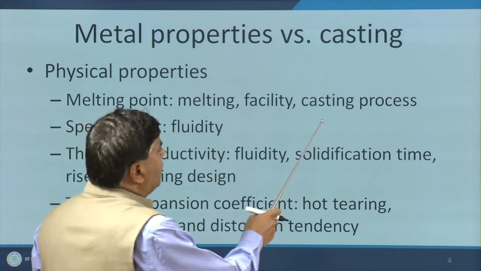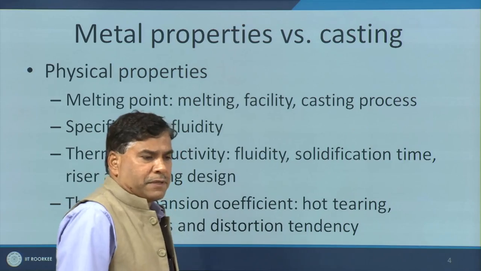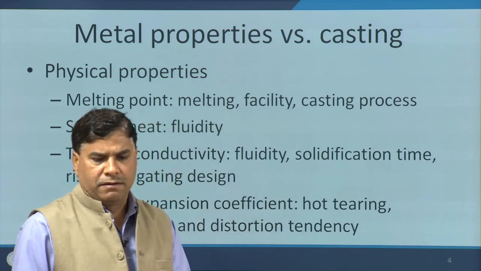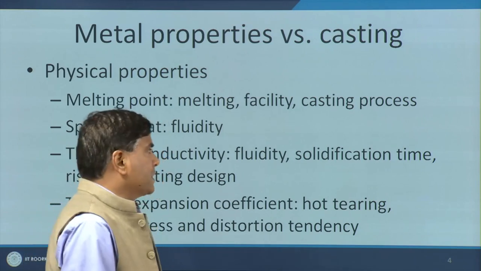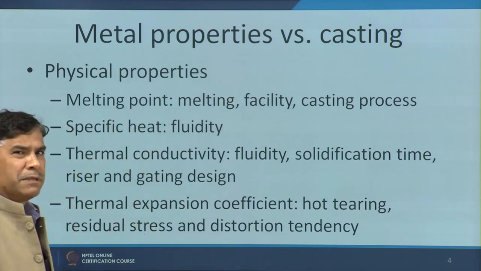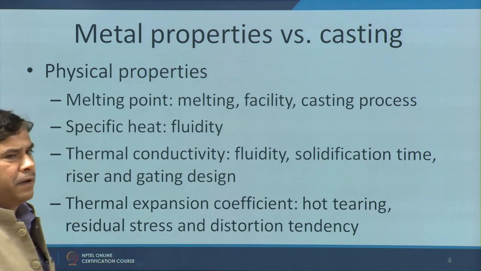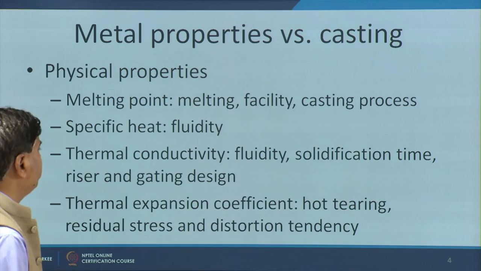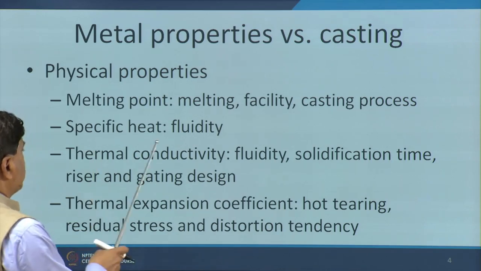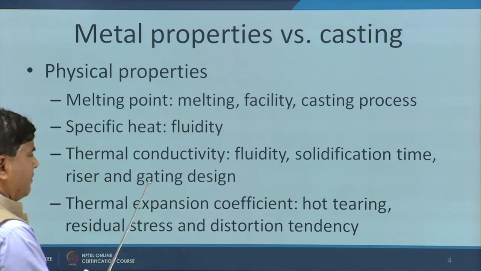For example, for low melting point metals like zinc, lead and tin, the hot die casting process can be used, while for high temperature metals like aluminum, copper and cast irons, cold die casting is used. The specific heat affects the fluidity, as I have already explained.